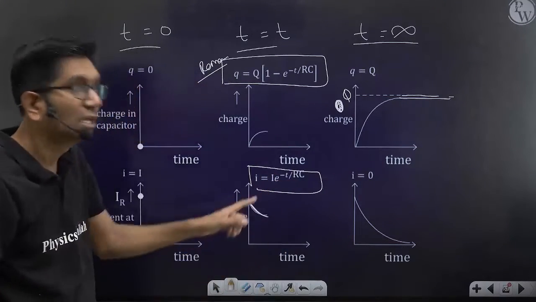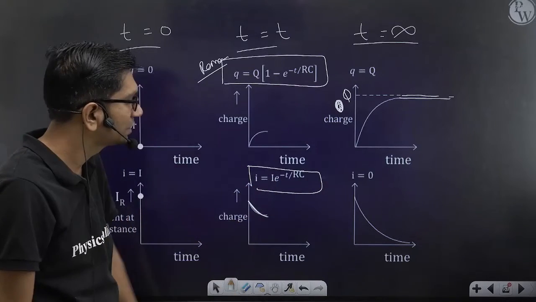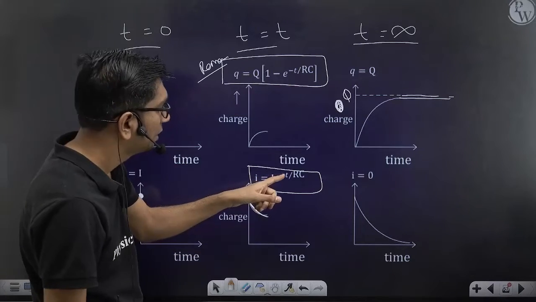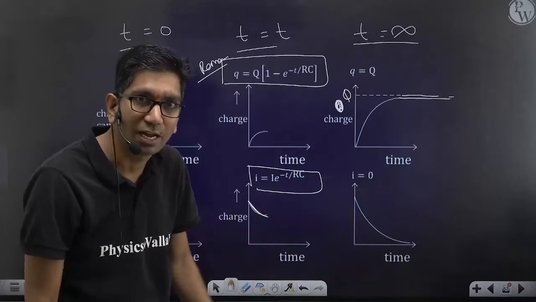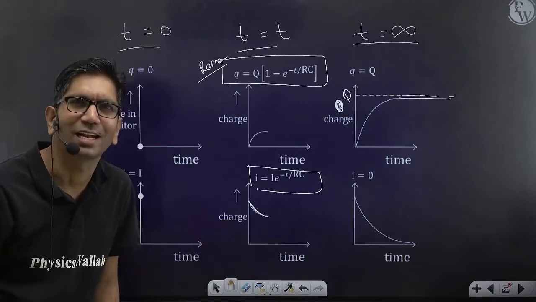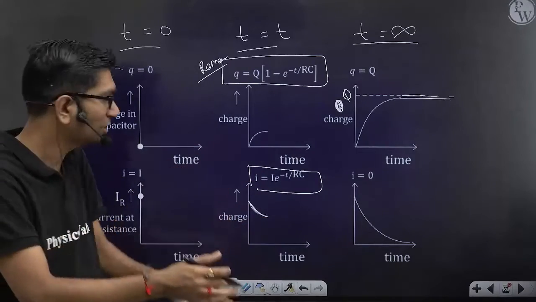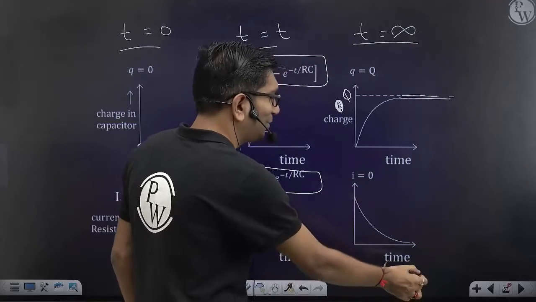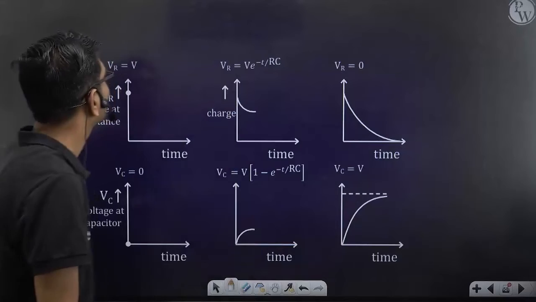Remember this: I equal to I naught into e to the power minus t by RC. Remember, please. At time infinite, is there any current across the resistor? No sir, the charge is completely filled across the capacitor only. Is it clear? Next.